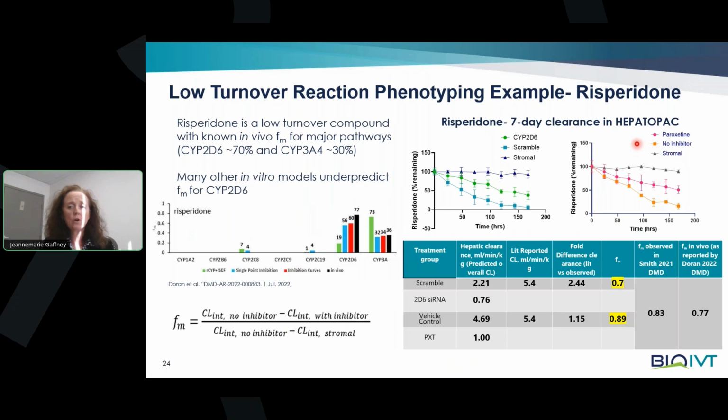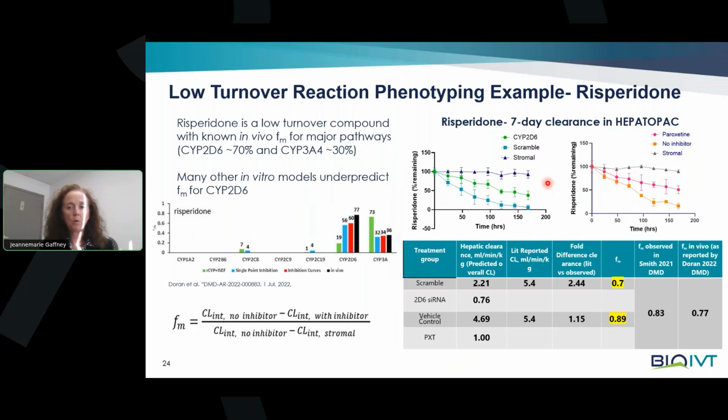In the top right corner here, you can see the specific study that we ran in HEPATOPAC with risperidone with both of our reaction phenotyping methods. On the left here is using the gene knockdown method. On the right is the chemical inhibition. And we can see in both cases, our controls, which would be our scrambled, you can see parent depletion. And also the orange here would represent no inhibitor, and you can see parent depletion.